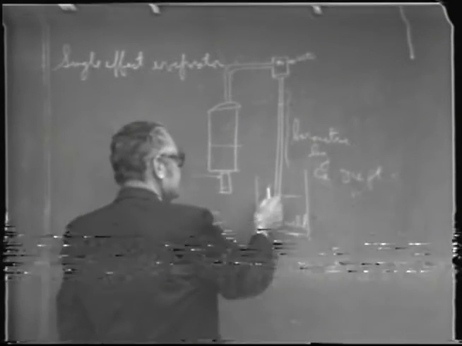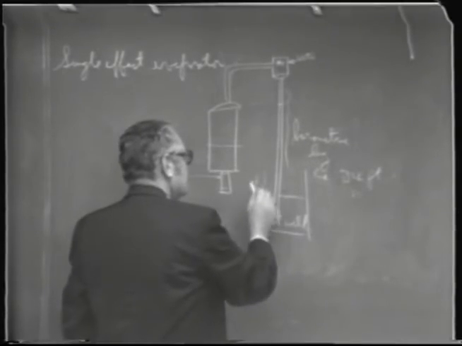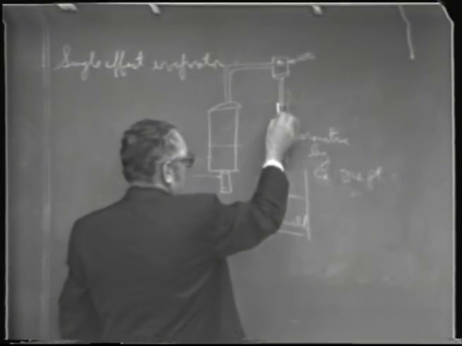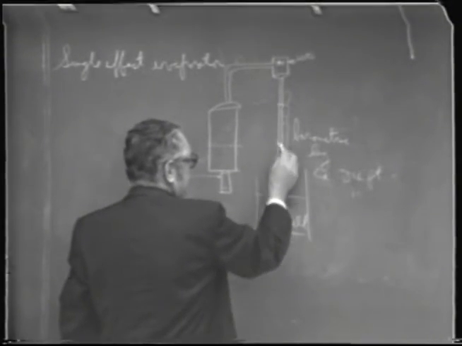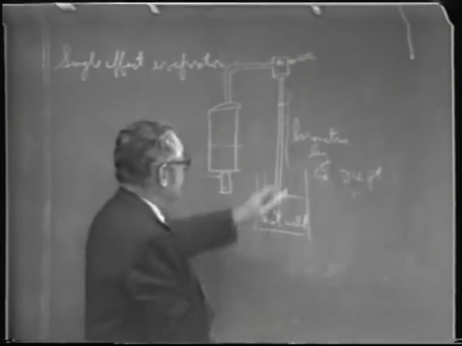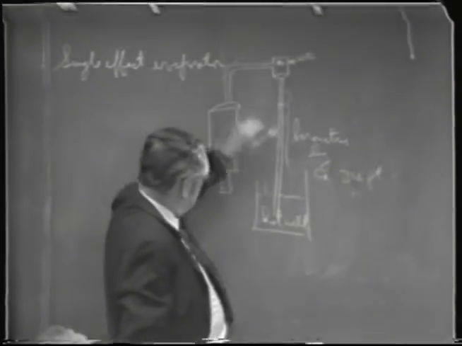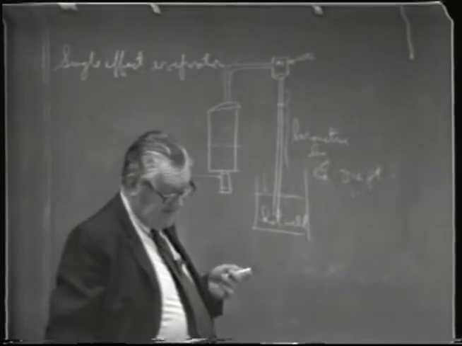So the atmospheric pressure, of course, exerts itself onto this hot well, and if you have a vacuum inside here, it'll push the liquid level up till the point at which the pressure on this and the pressure on there is balanced.